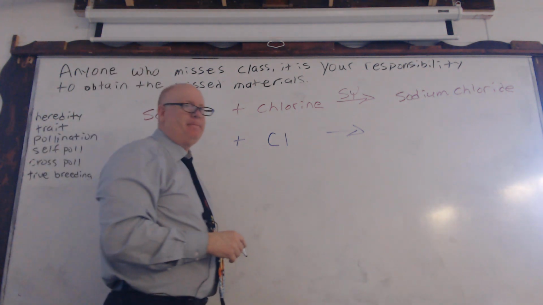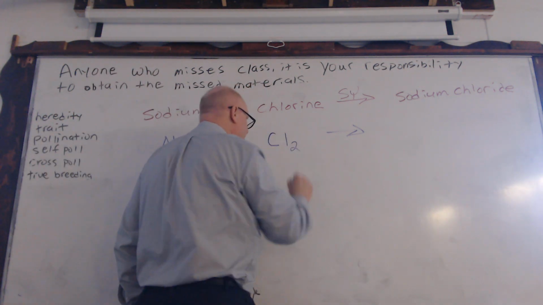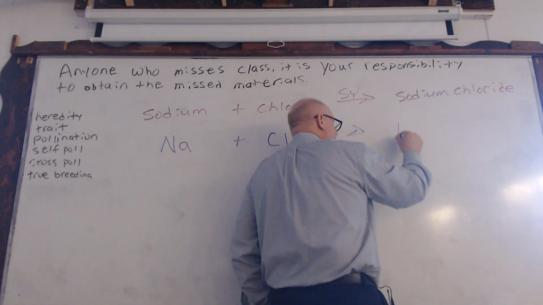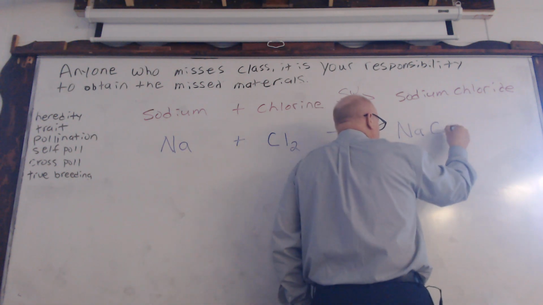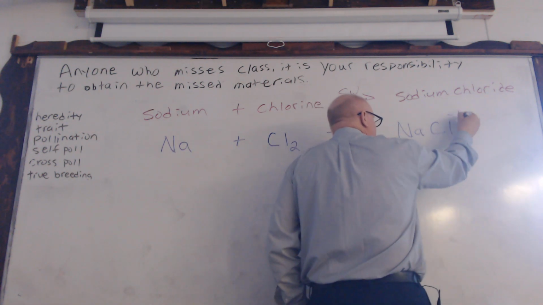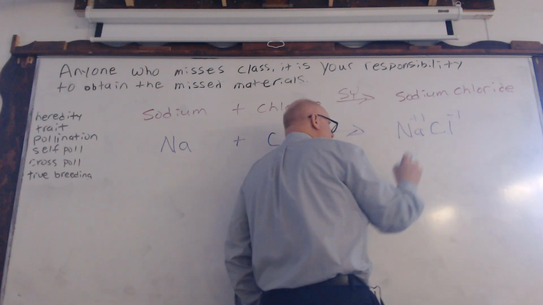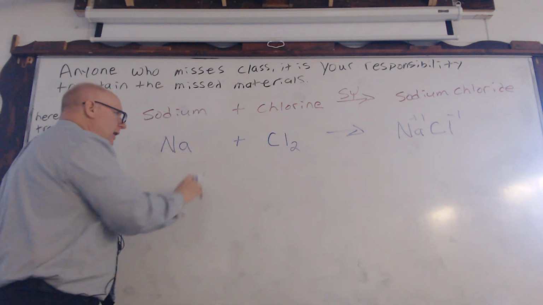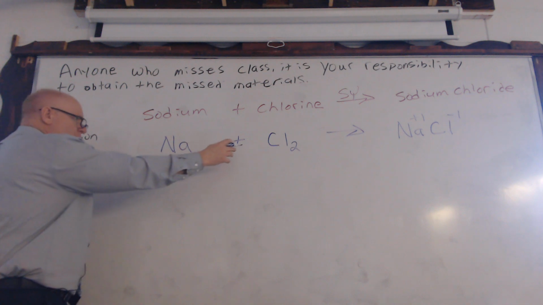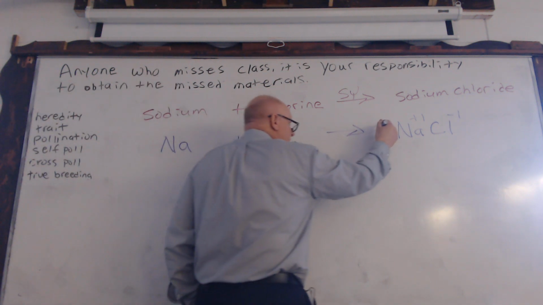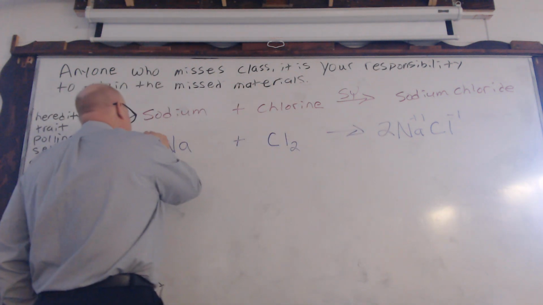Why is that? Diatomic. So minus 1, plus 1, that is fine. 2, 1, 2. We've got 2 chlorines here, so we have to get 2 on this side, which means we have to put a 2 there.